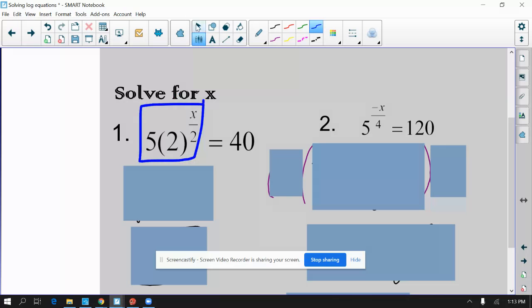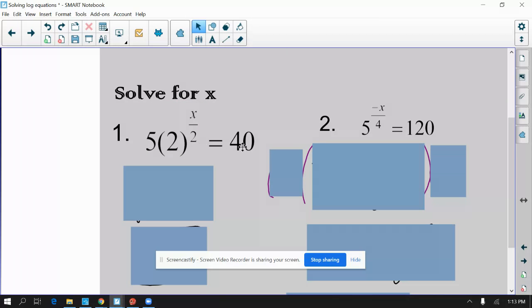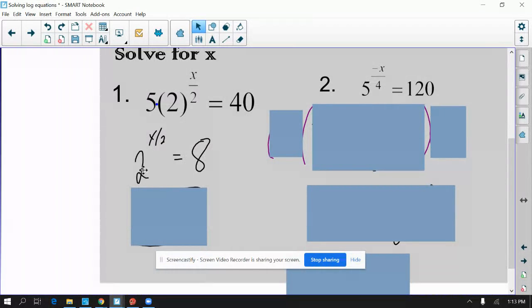But luckily, there's an equal sign. That means I could do whatever I want as long as I do it to both sides. So I will undo multiplying by 5 the only way I know how. Divide by 5. So I will divide both sides by 5. And I get this. And now 2 to some unknown equals 8.